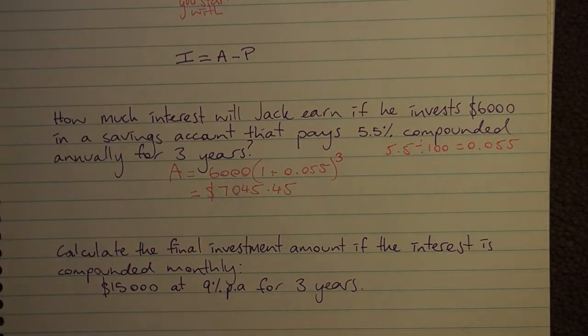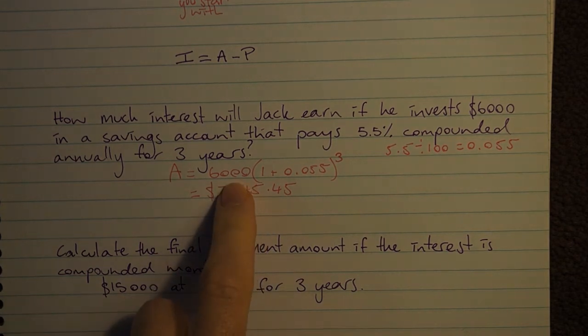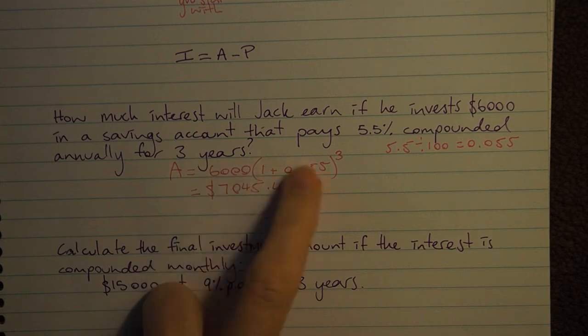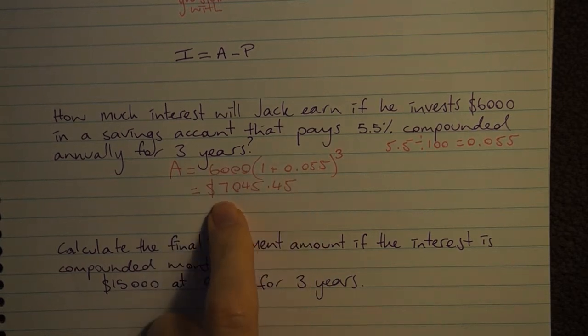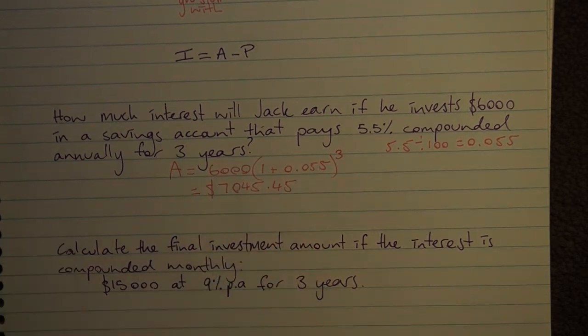$7,045.45. As always, I'd encourage you to make sure that your answer is a reasonable answer. $6,000 after 3 years growing to $7,045.45 is definitely a reasonable answer. Had you got an answer like 3 million, I might be double checking what actually went into the calculator, because as you can imagine, that's not really a reasonable investment after 3 years.